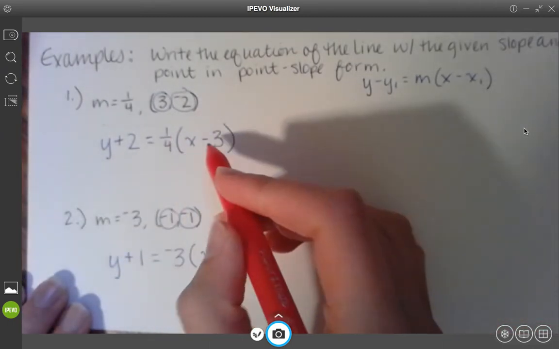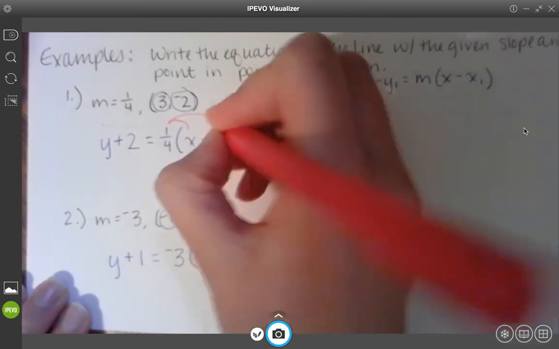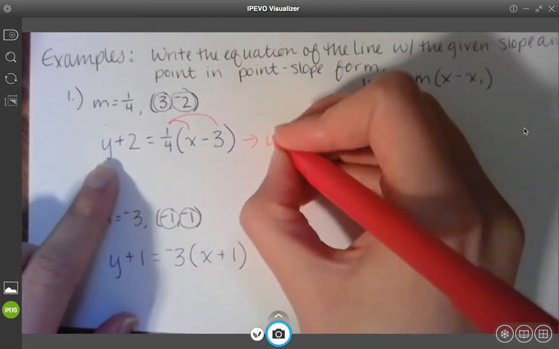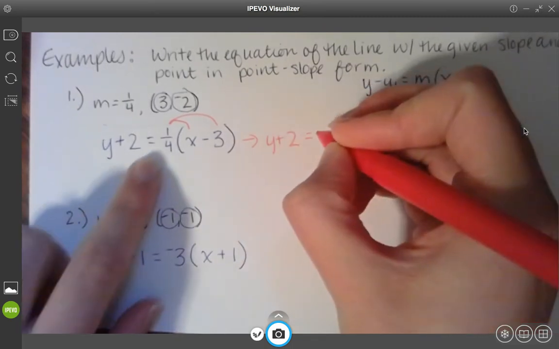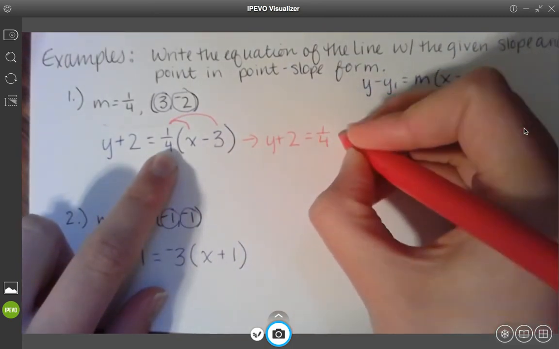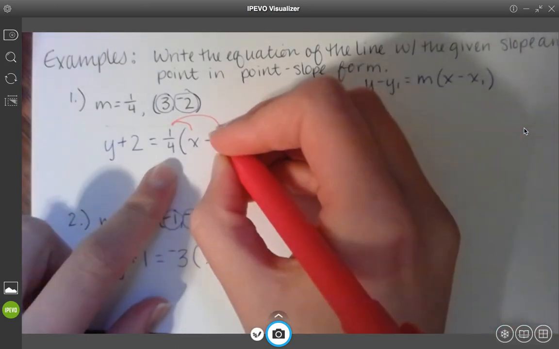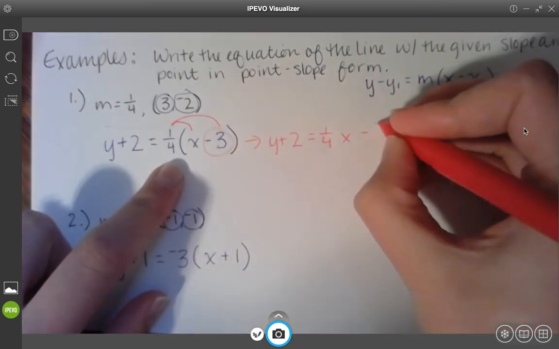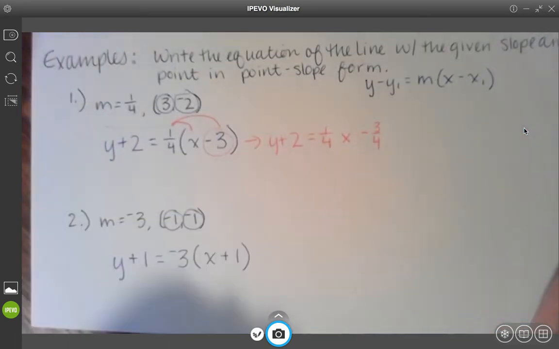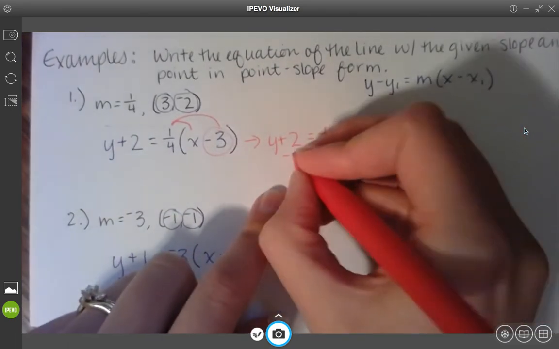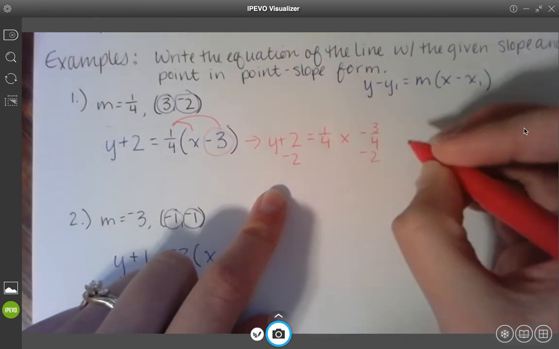Looking at this, I can distribute here. So I still have my y plus 2 equals 1/4 times x, and then distribute here. This is a -3, so it's -3/4. But I want y by itself, so I have to subtract 2 from both sides.